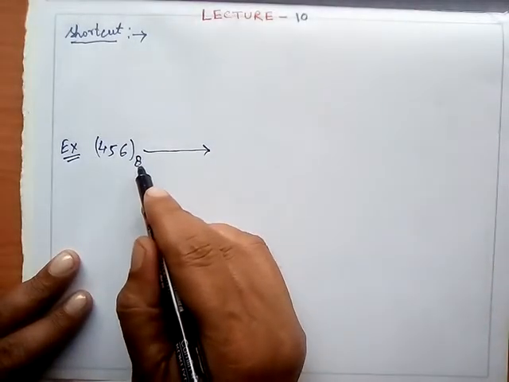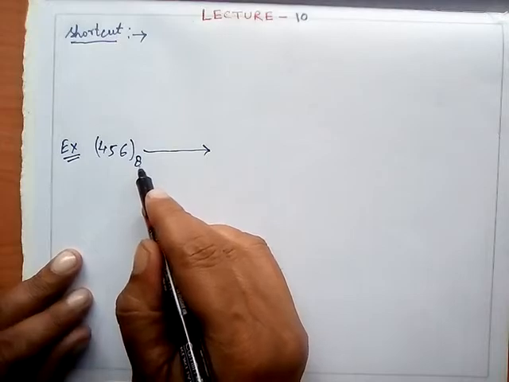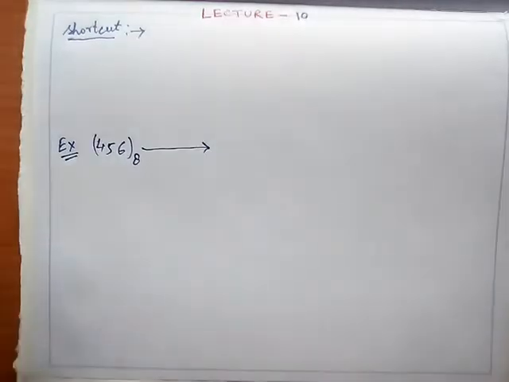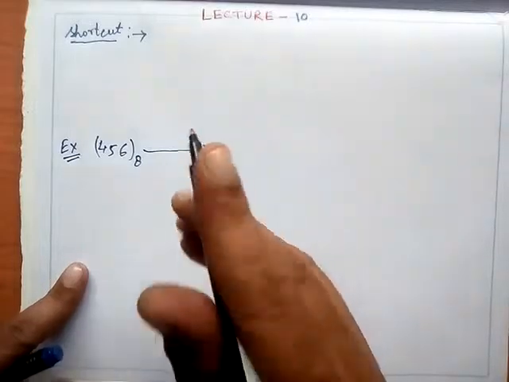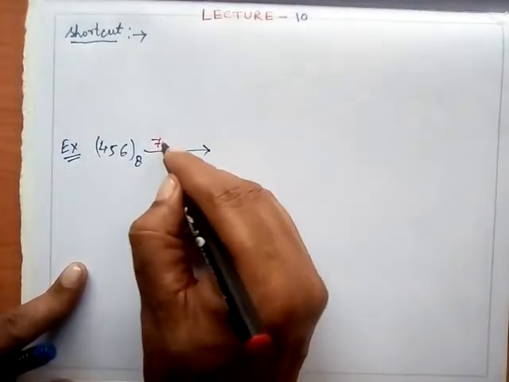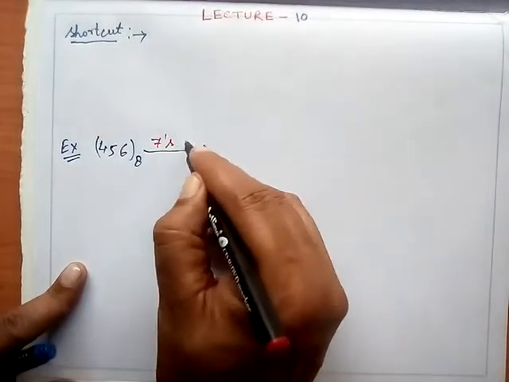It can have two complements: 8's complement as r's complement, and 7's complement as r minus 1's complement. Suppose I am interested in its 7's complement.